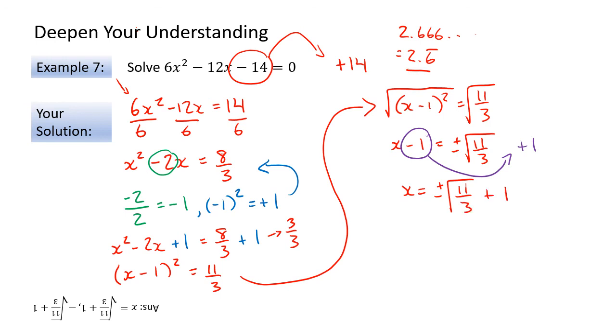So x can either be the positive root of 11 over 3 plus 1, or x can be equal to the negative root of 11 over 3 plus 1. You're always going to take that root and do either the positive or the negative. You can actually find those solutions if you want, or you can leave them in fraction form. Either way is totally up to you.